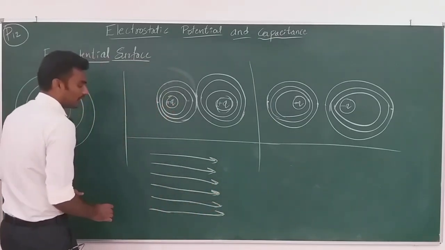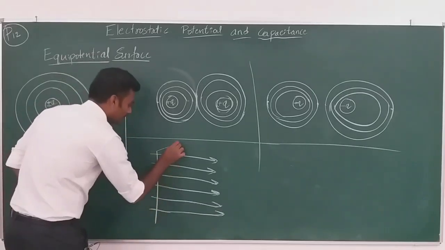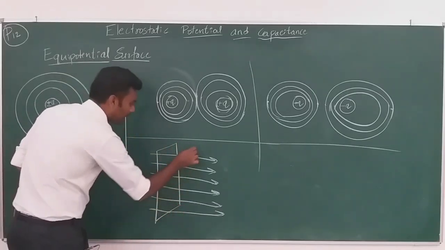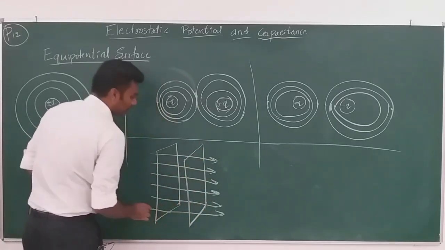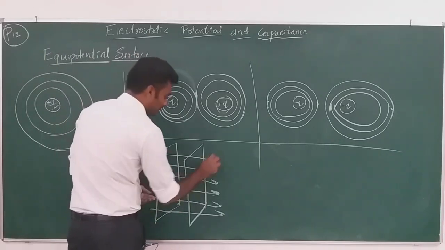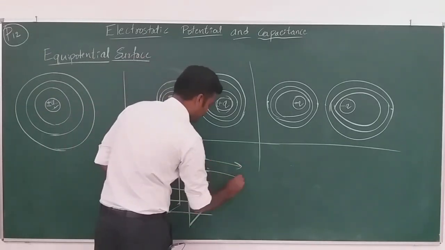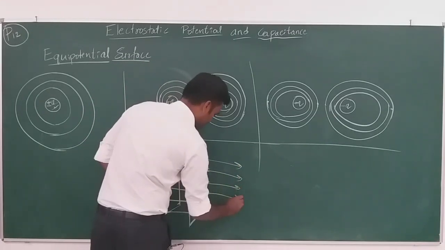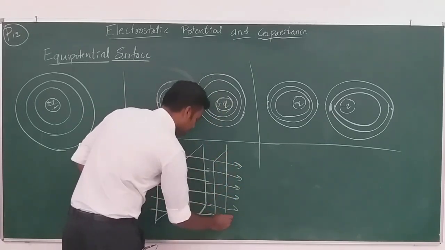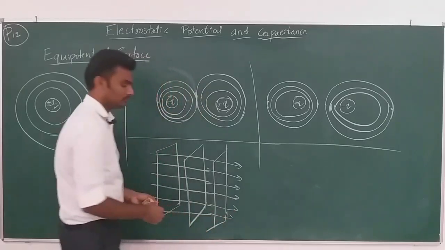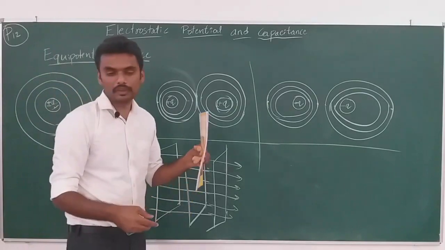For a uniform electric field, the equipotential surfaces that we get are parallel rectangles like this. Something like holding a book, right?